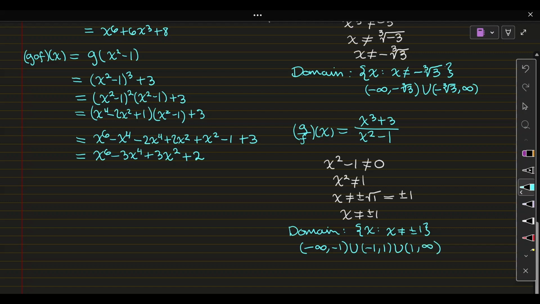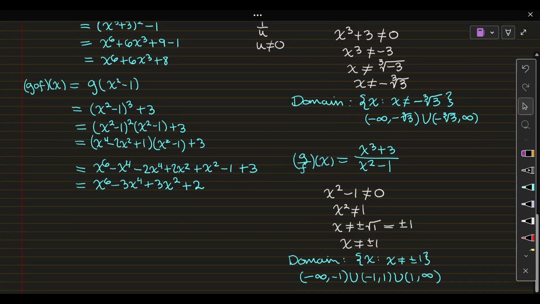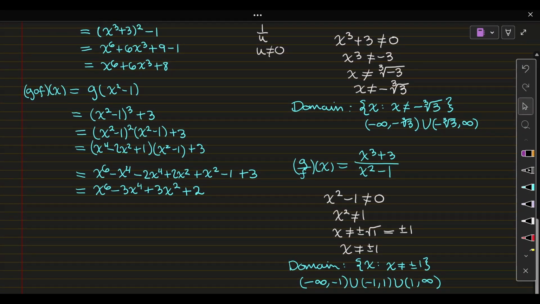Okay? Those are the two ways I can think about the domain. And if this set notation bothers you, we're specifying x is a real number implicitly for the purposes of this video.